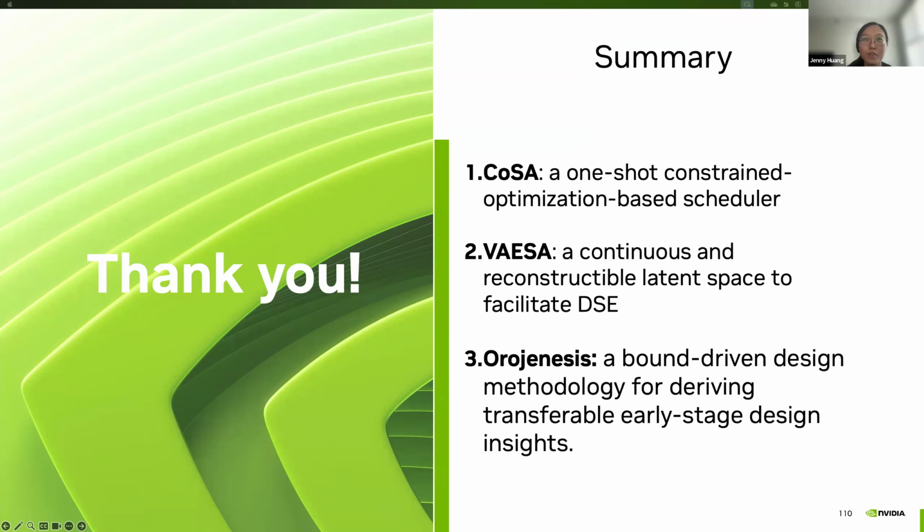If you don't have enough data, it's likely this latent space, even if it has zero reconstruction error, might not be sufficient for design space exploration, because every time we see a new algorithm that hasn't been seen in the previous training data, it's possible that we're not able to provide a very accurate estimation of its performance and latency. We call this out of distribution data, right? If we're always having this out of distribution data, it's very likely that we will be missing some very good design points.